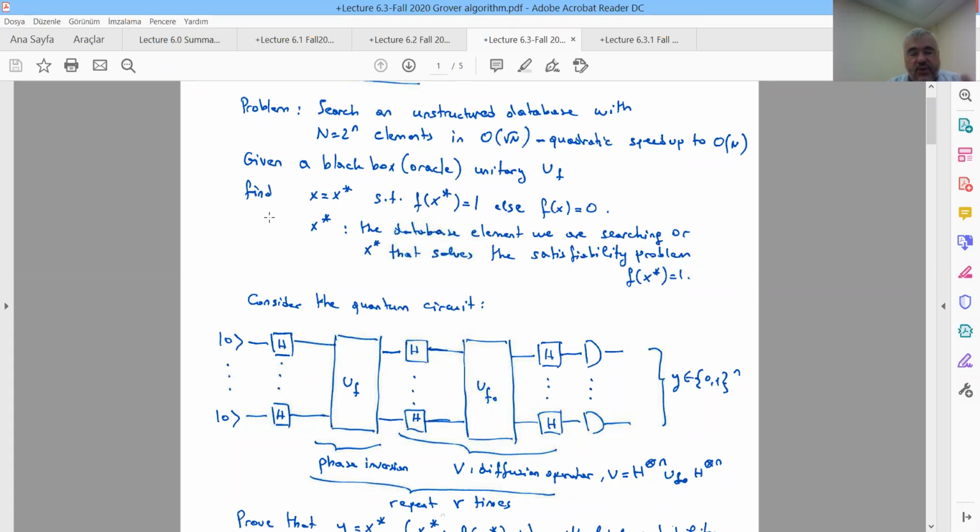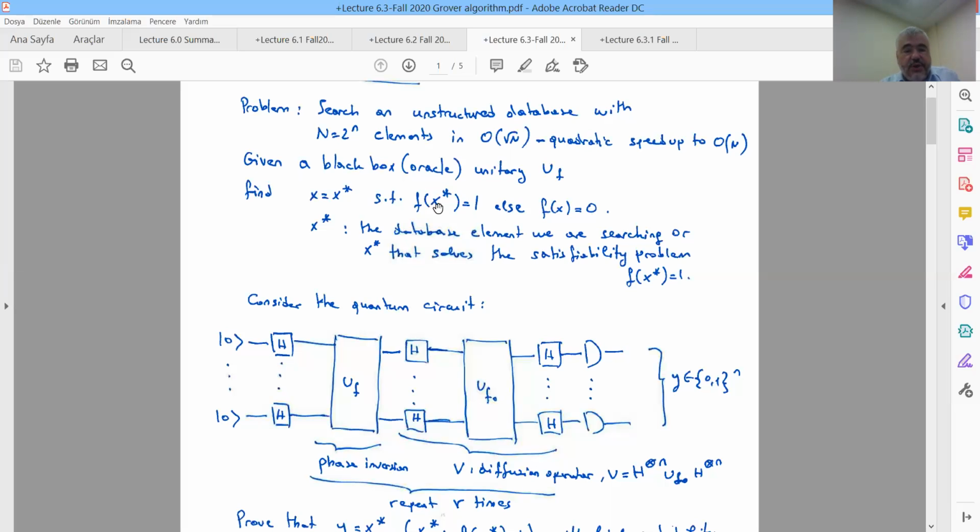Given a black box, an oracle unitary U sub f, we'd like to find x equals x star, the solution such that f of x star equals 1. If x is not the solution, f of x equals 0.